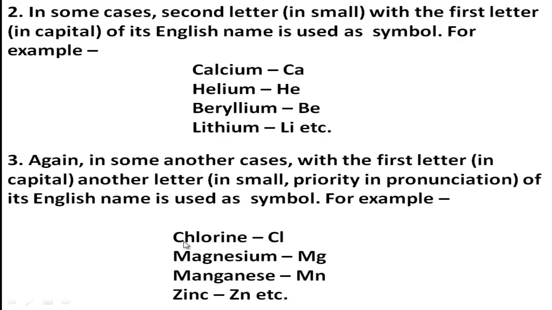The first two letters are CH, but as symbol there is used CL. Why? Because here L comes from its pronunciation. Listen carefully. Its name is chlorine. Here the pronunciation of H is not clear, so chlorine, L is more prominent. For this Cl is used as symbol of chlorine.